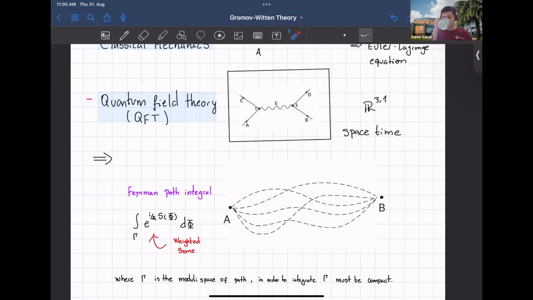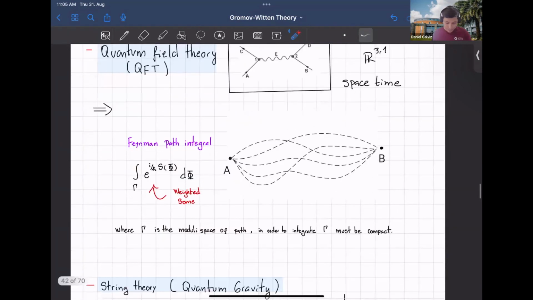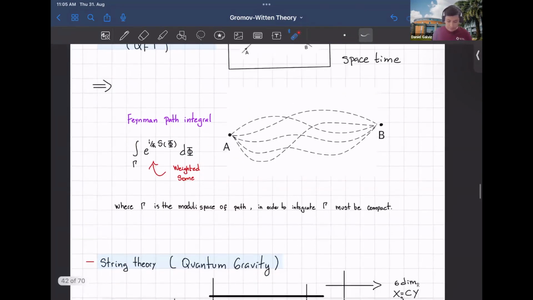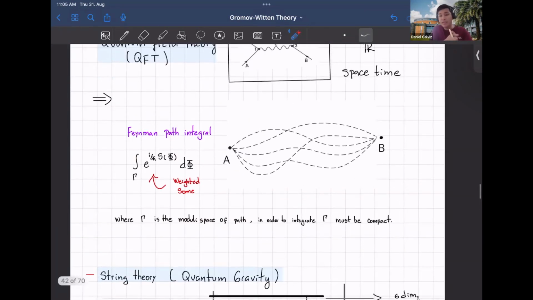Okay, so now we have classical mechanics inside quantum mechanics, and quantum mechanics with special relativity gives you quantum field theory. But now we want to unify quantum mechanics with general relativity, which is a quantum theory of gravity.